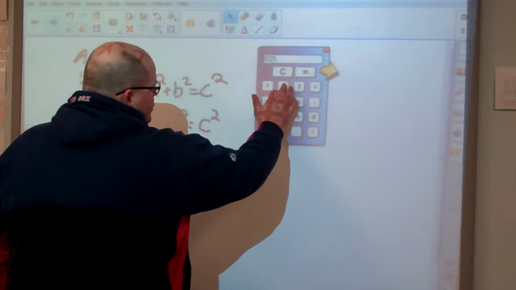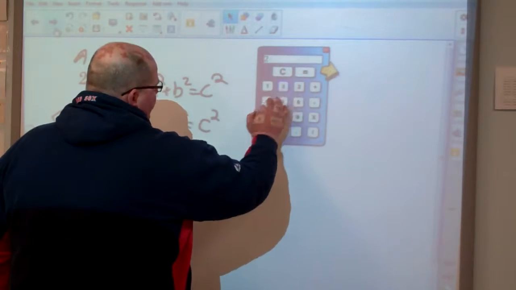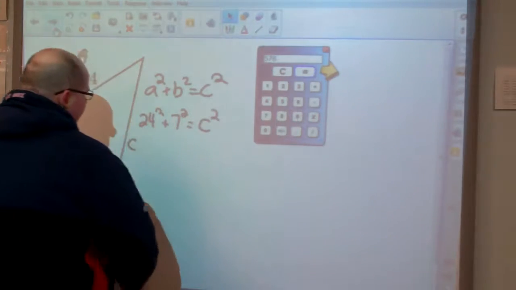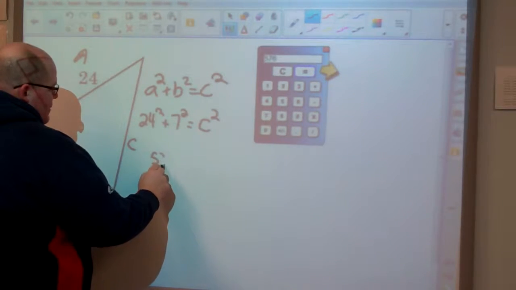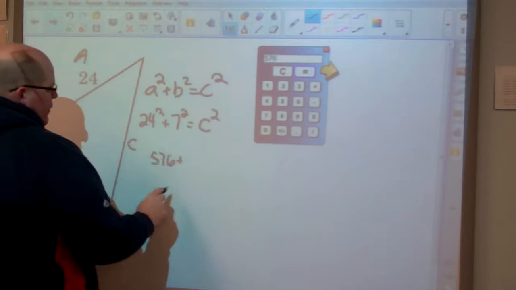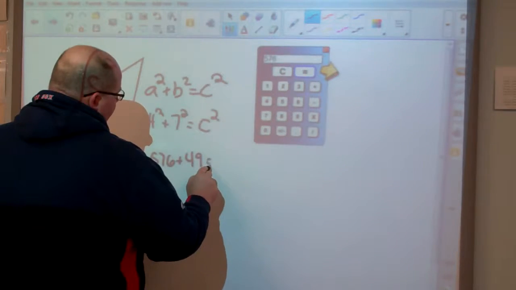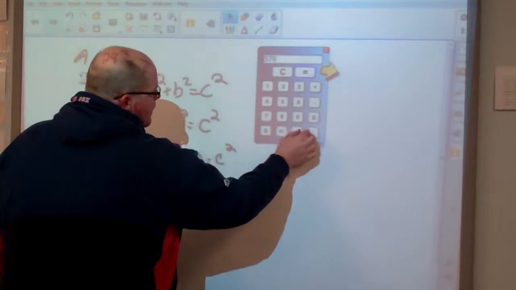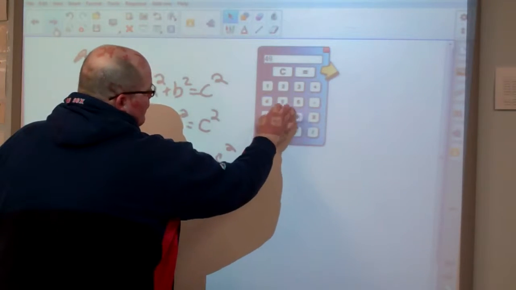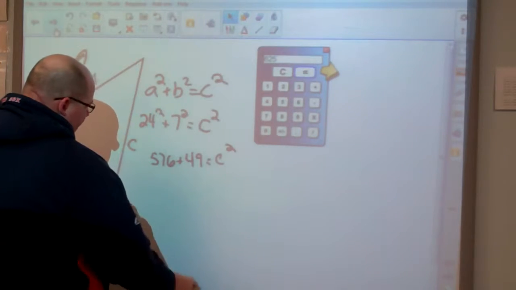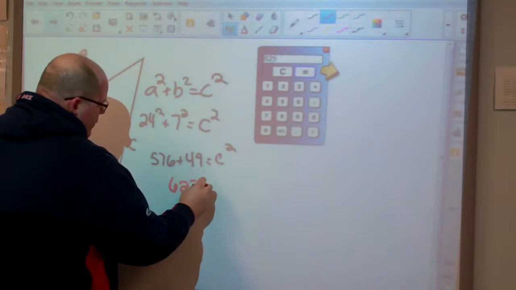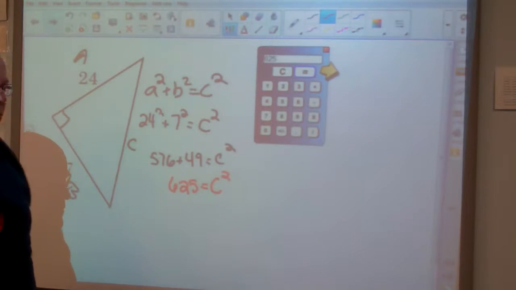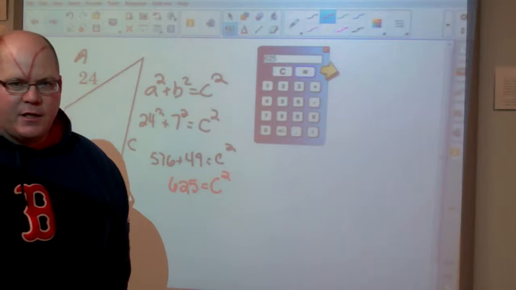So 24 times 24 equals 576, so we have 576 plus 7 squared, which is 49, equals c squared. 576 plus 49 is 625. 625 is c squared.